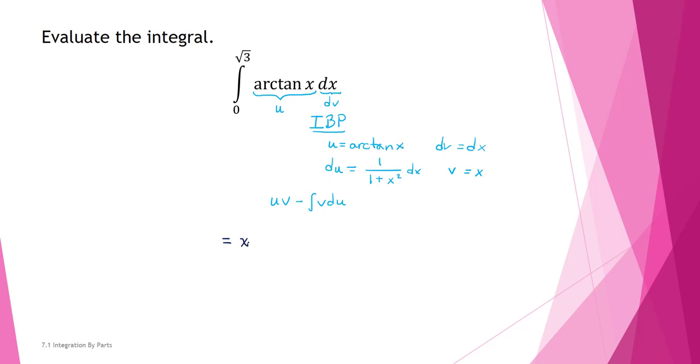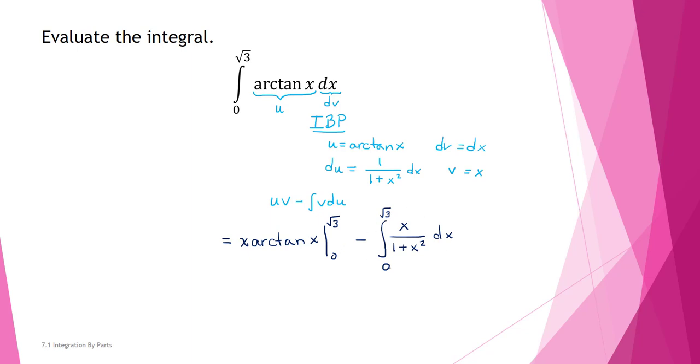I'm going to put the x in front, so x times arctangent x, and then minus the integral of v du, which is x, times 1 over 1 plus x squared dx, which we can write as x over 1 plus x squared dx. Now because this is a definite integral, we need the bounds 0 to the square root of 3 on our integral, but also this portion from the front we have to evaluate at the numbers 0 and square root 3.